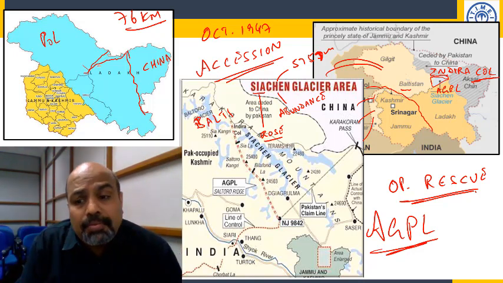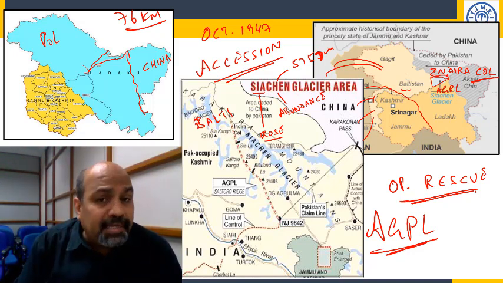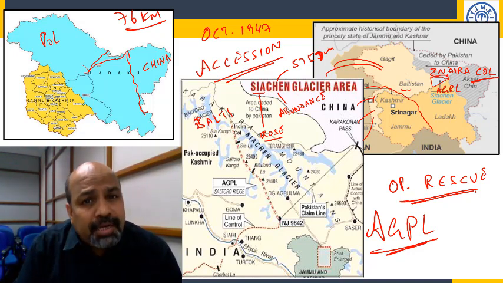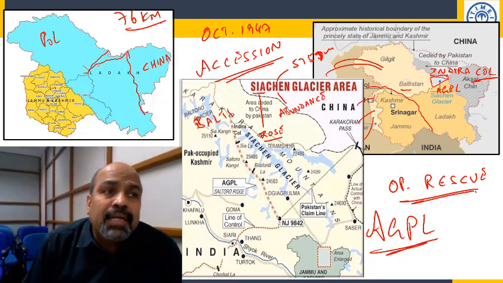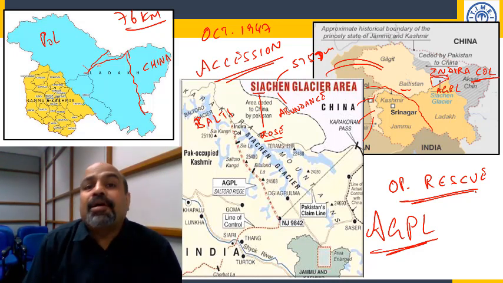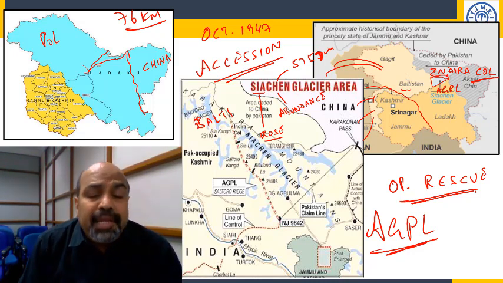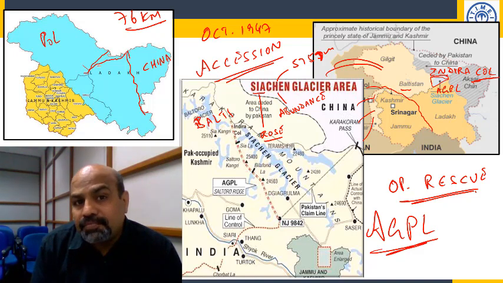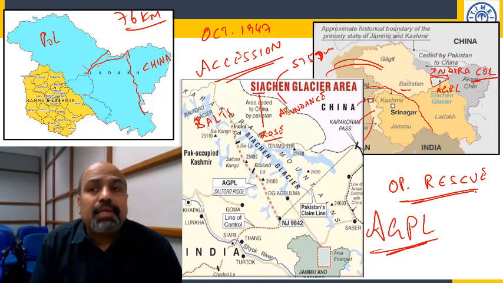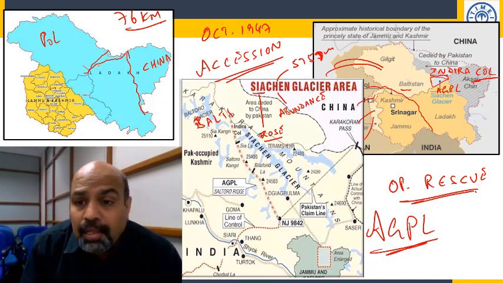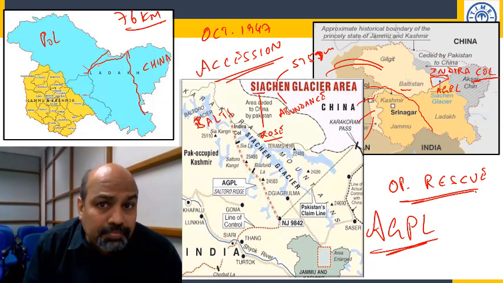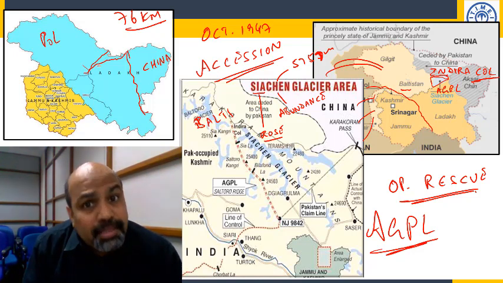Fair. Now I want you to know one more thing. Till 1984, for a long time, that is between 1947 until the early 80s, no country had any control over Siachen Glacier. But Indian military intelligence got the information that Pakistan was about to launch a military operation to occupy this area.